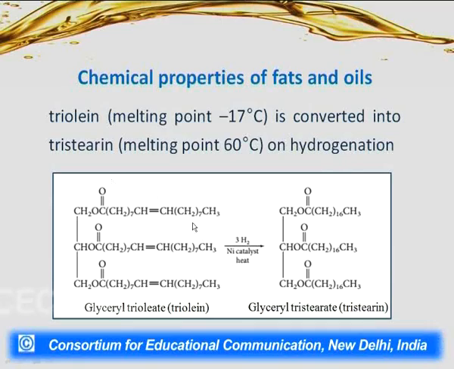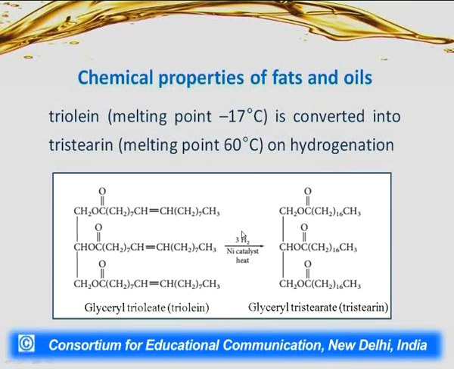Now, this is an example, say triolein. Triolein means ester of glycerol with oleic acid, glyceryl trioleate, all the three acids are the same, oleic acid, and it is also known as triolein. Its melting point is minus 17 degrees Celsius.